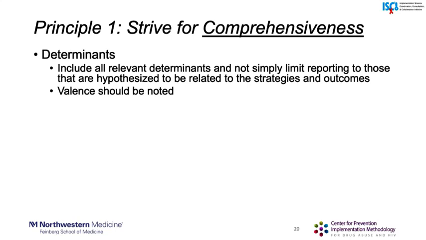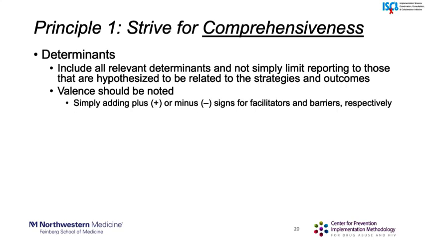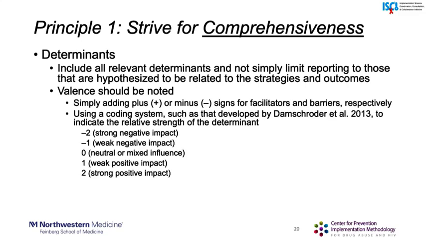We also suggest that you should note the valence of those determinants, and I'll give you a reason why in a second. You could simply add pluses or minuses to indicate whether the determinant is a facilitator of implementation or a barrier. But we also think you could use something like Dan Schroeder and colleagues' coding system.